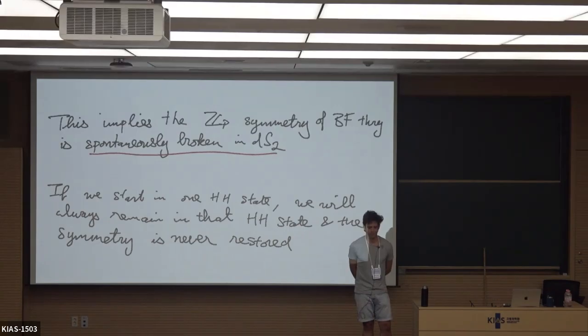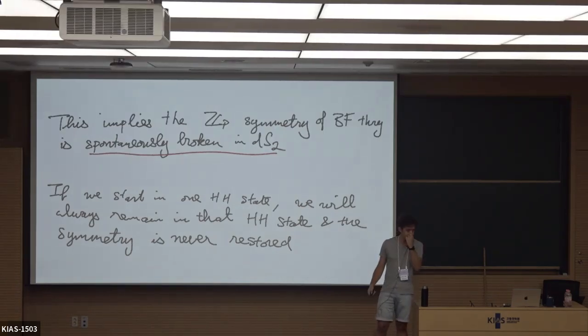There are local operators that are charged that insert some of these, and now you're requiring the Hamiltonian to do that. So the usual thing people think of in spontaneous symmetry breaking is that you can't go from one point on the vacuum manifold to another with a local operator. That's fine.